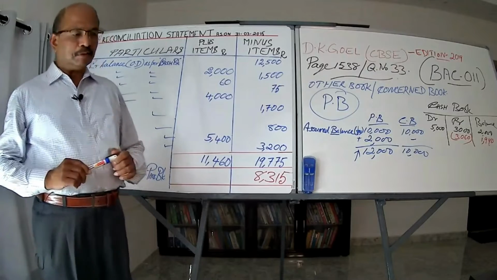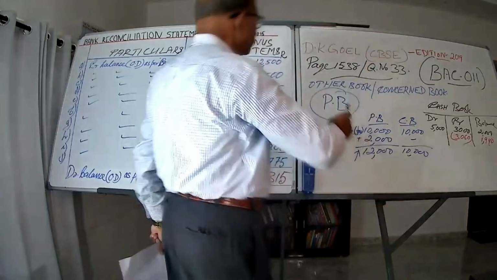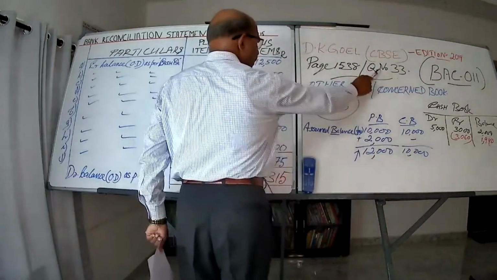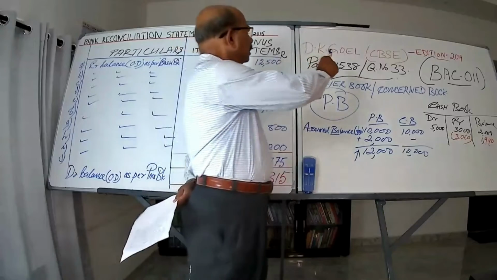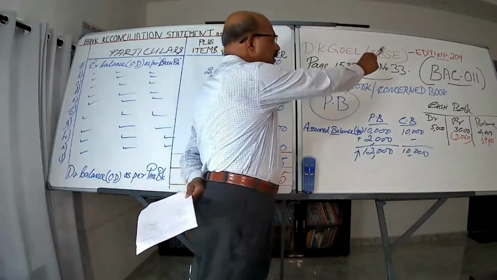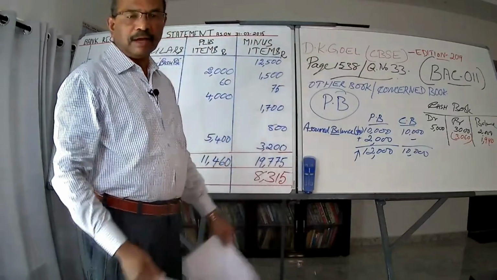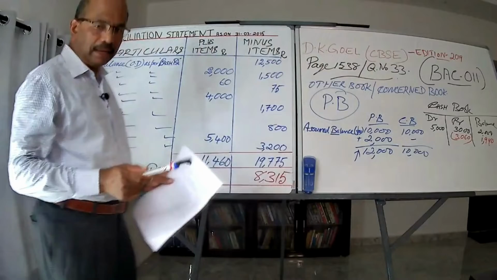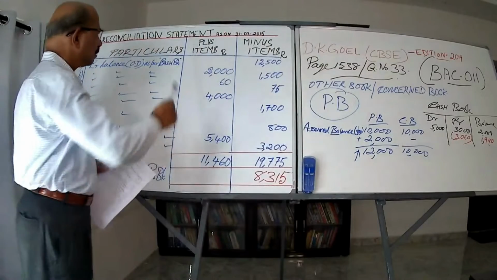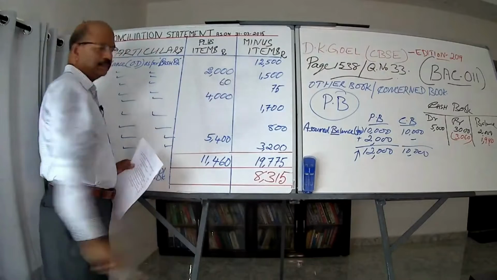The sum I want to take up today is question number 33, practical sum, page 15.38, DK Goel, CBSE edition 2019. I will be reading out each section of the question and simultaneously explaining the reason why the amount comes this side or that side.